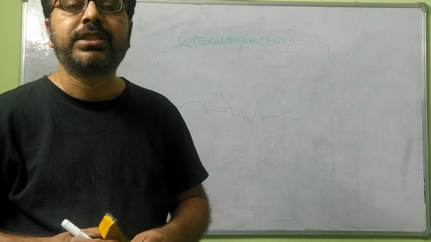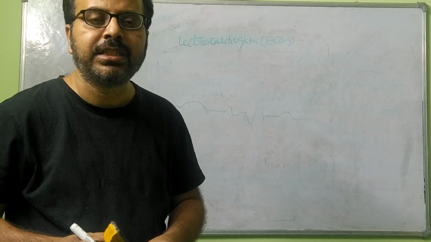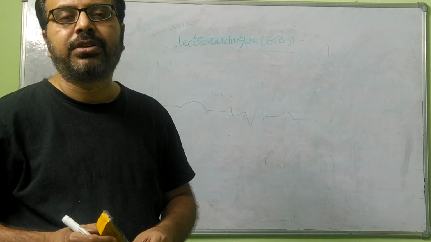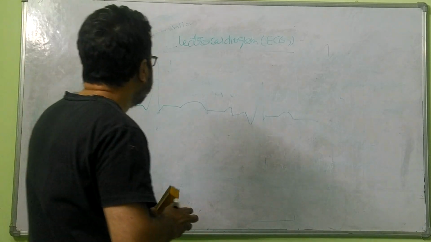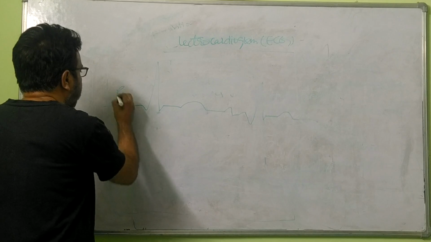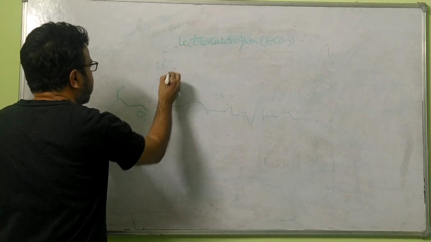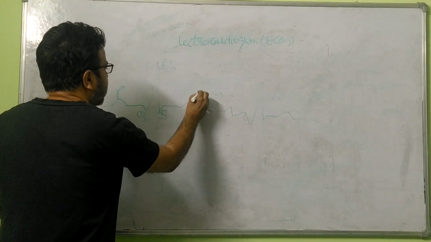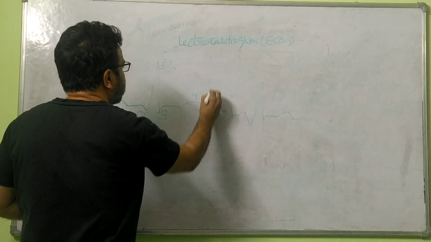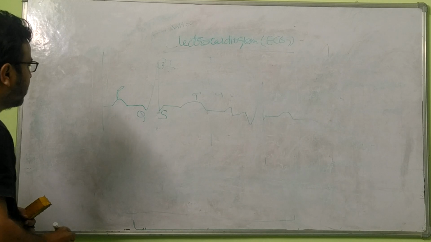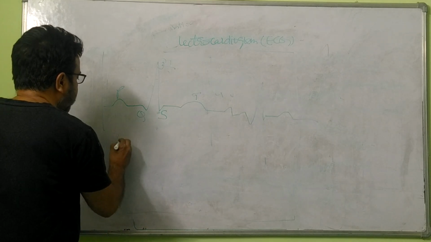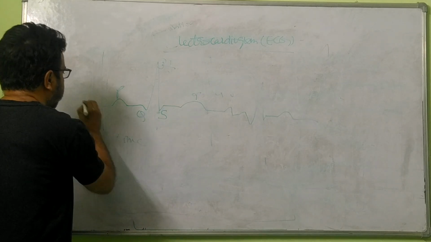These two conditions are arrhythmia, a heart disease, where the rhythm of heart contraction is disturbed. So this P and then Q, R, S, and then T wave, together makes an ECG. So it is time scale and it is millivolts.